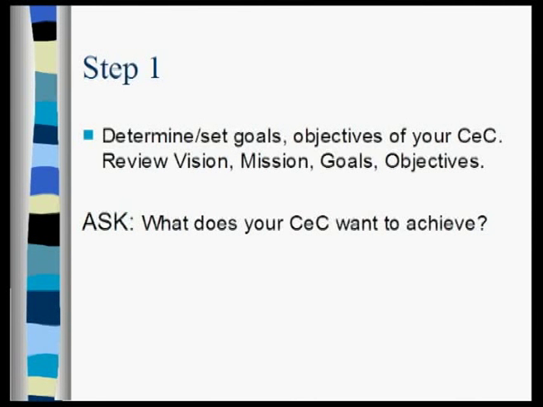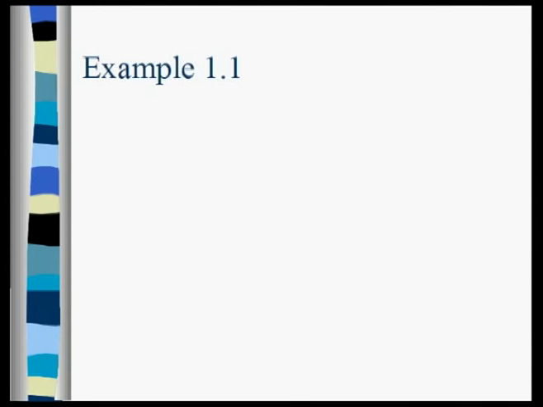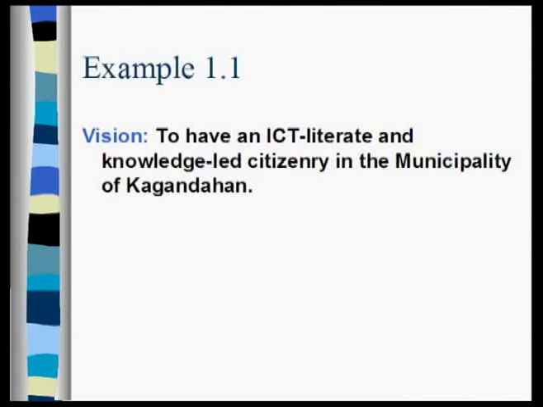And obviously all of this can answer the question you need to ask: what does your CEC actually want to achieve? Let's look at a specific example. I've written down some vision and goal statements. Let's take a hypothetical municipality called Kagandahan.